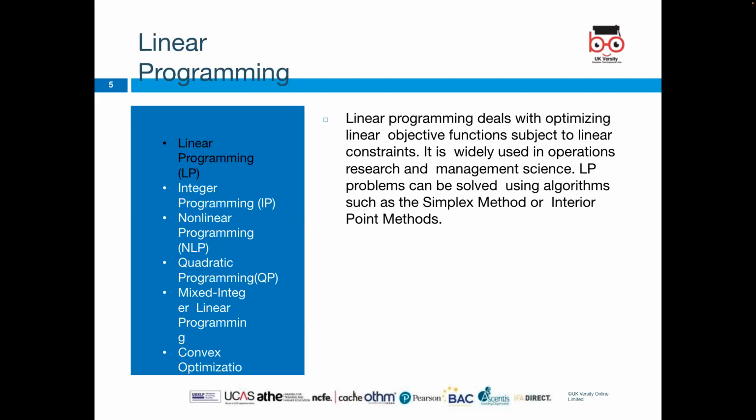So what is linear programming? Linear programming deals with optimizing linear objective functions subject to linear constraints. It is widely used in operational research and management science. LP problems can be solved using algorithms such as the simplex method or interior point methods.